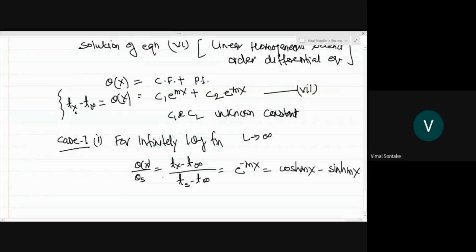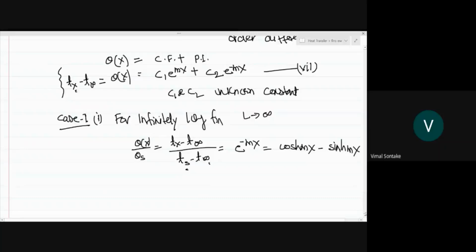So in this equation, the only unknown is x. m we can calculate once we know the values of h, P, k and Ac. Base temperature will be known to me. Environmental temperature will be known to me. You go on putting the value of x, you will get the value of T(x).